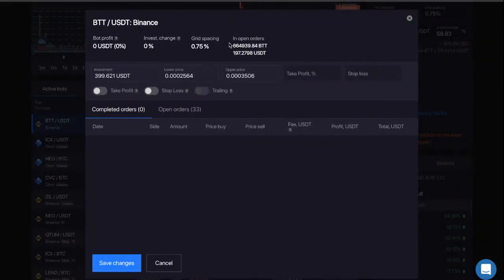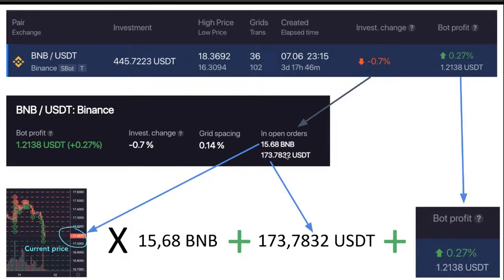Yeah, so by clicking on the view button here, you see the specification, and in open orders you see all of your active base currency and all of your active quote currency.